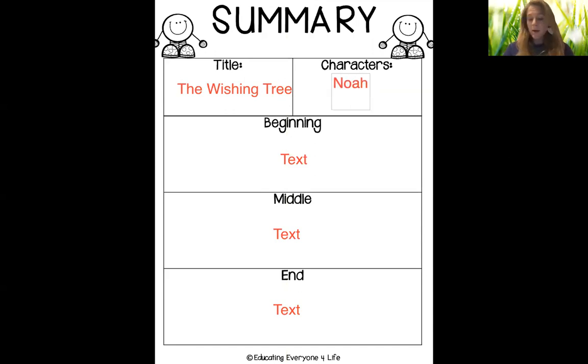Noah, his dog, whose name was Peanuts, the leaves or the tree, they're kind of the same thing, so I'm going to put leaves / tree. And then the bully, Mitch, was also one of the main characters.